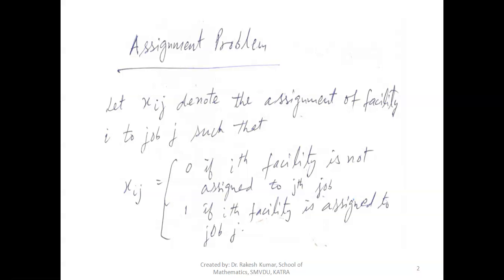So these decision variables take only 0 and 1 values. When the assignment is done, its value is 1, and if not done, Xij assumes 0. But in the transportation problem, the Xij values are all greater than or equal to 0.